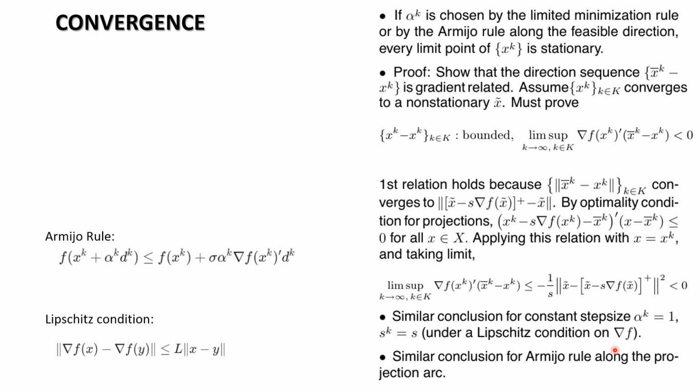That is, step size is adjusted as you move toward x bar k. So we formally justify that the gradient projection method, with proper step size strategies, converges to a stationary point.